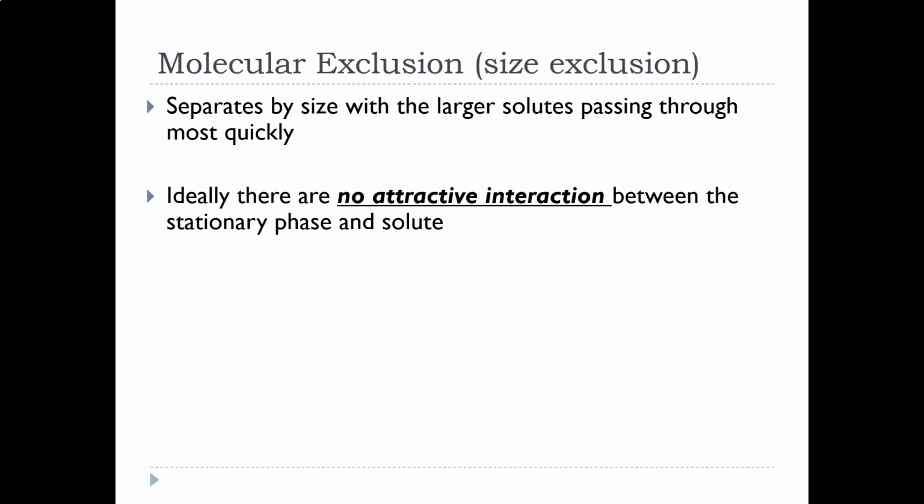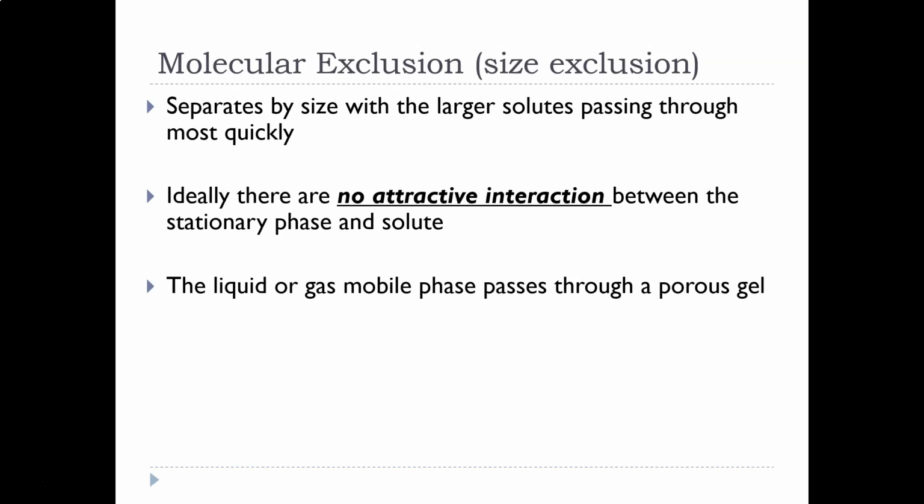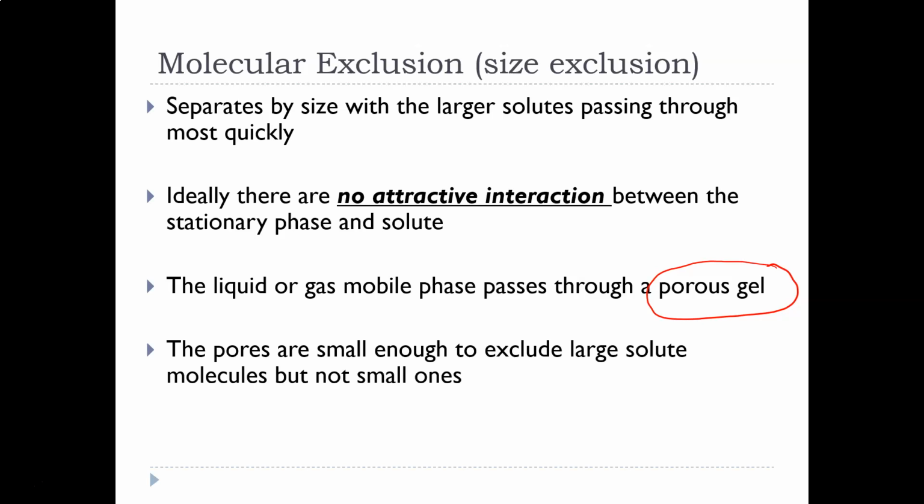So there is no attractive interaction between the stationary phase and the solute. Okay. The stationary phase is a gel, but it's a porous gel. So that means it's got holes in it. The mobile phase is a liquid or a gas, depending on the situation. So what happens? These pores, these holes in the gel, are a specific size.